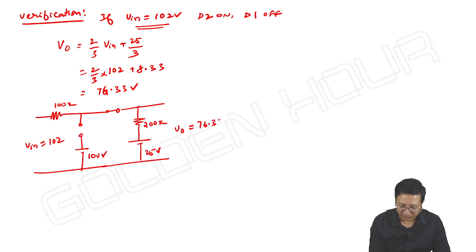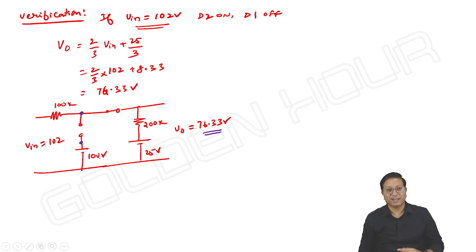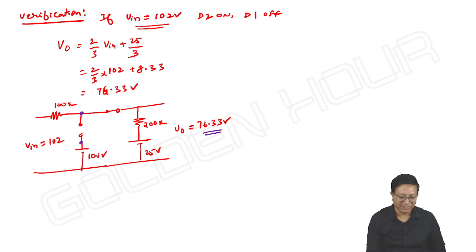We are getting 76.33 volts. Means the anode voltage of D1 is at 76.33 and the cathode of D1 is at 100. Is the anode voltage less than cathode voltage or not? Even though input is more than 100 volts. Why is it so? The circuit is like that.